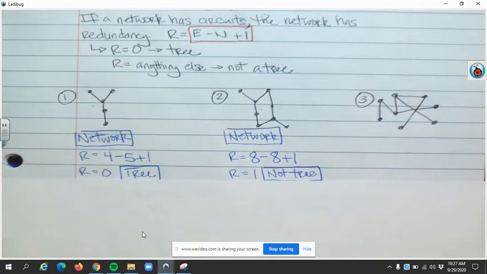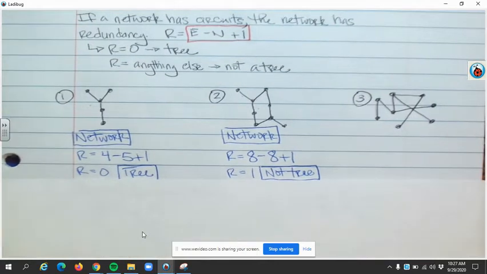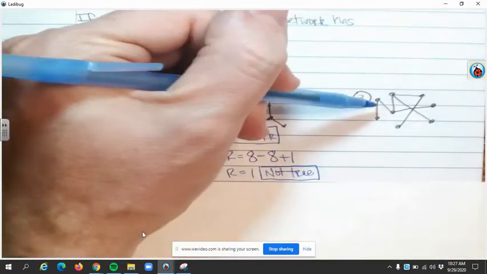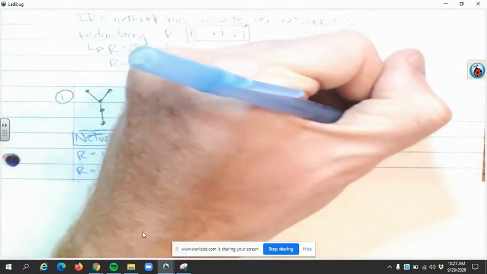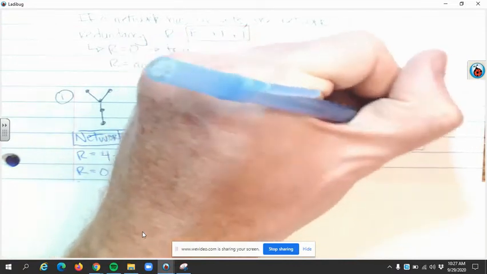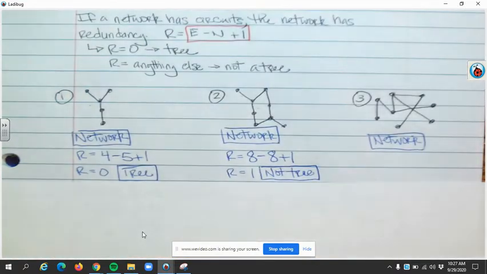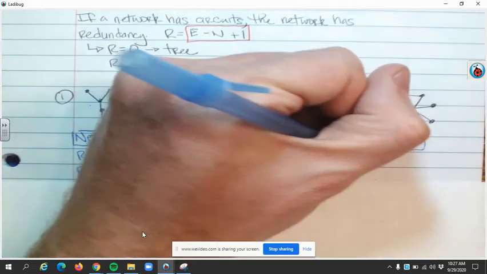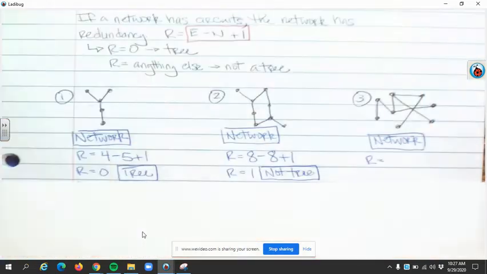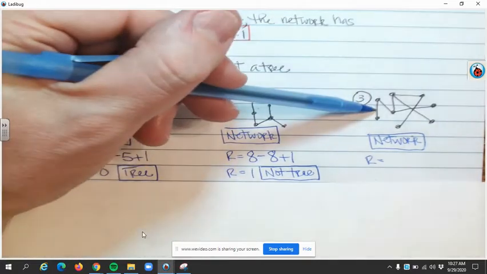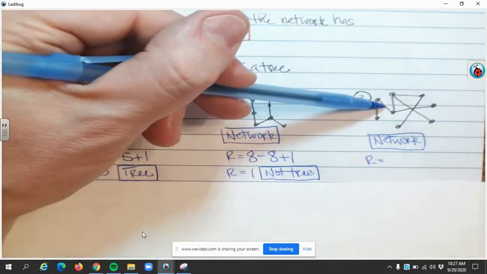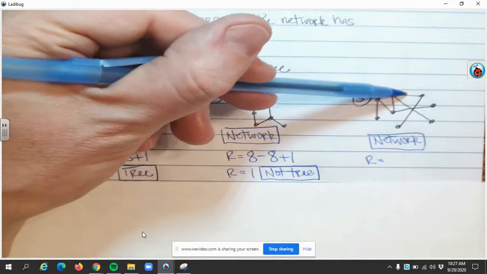So on a more complicated graph like that, we're going to figure out whether or not it meets our R value and tree criteria. Notice how all the vertices are connected, so it is a network. Now to find the R value, I'm going to do edges minus vertices plus 1. So we'll count and I'll try to go slow. Edges first. So this is 1, 2, 3, 4.